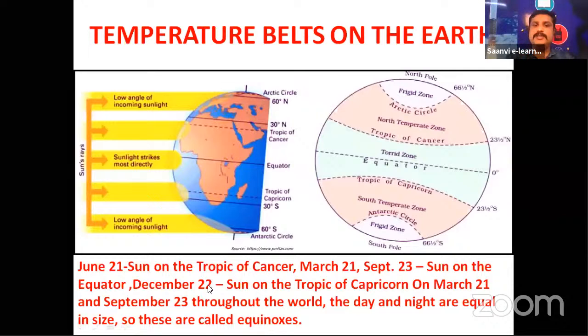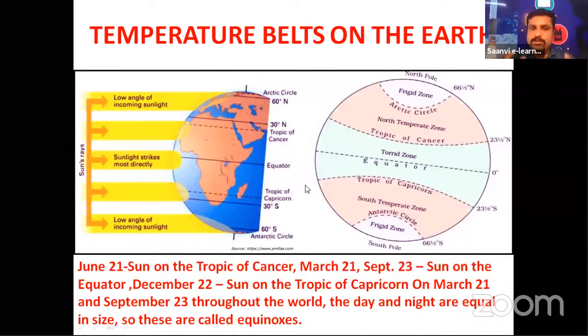Where is the sun's position? On September and March 21st, the sun is on the equator line. Sun rays are received on the equator line, so all over the world we can see equal length of day and night. That we call equinoxes. I hope everyone understood what equinoxes are. So please note it down in your running note.